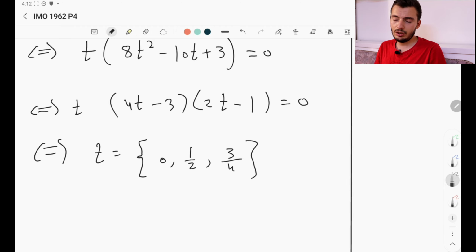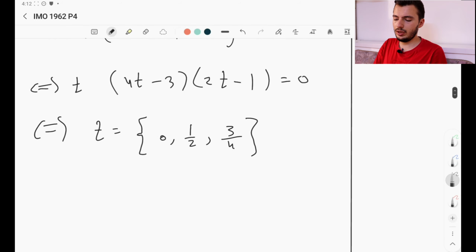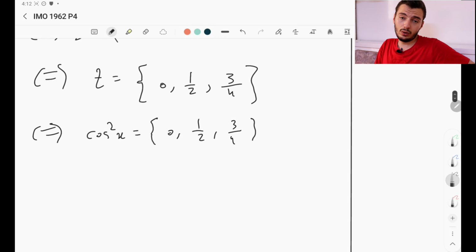But remember, t is not our variable. Our variable is what? It is cosine squared, right? So now we need to say that cosine x squared is equal to 0 or 1/2 or 3/4. Okay, so what is cosine x? Of course, this is very easy.